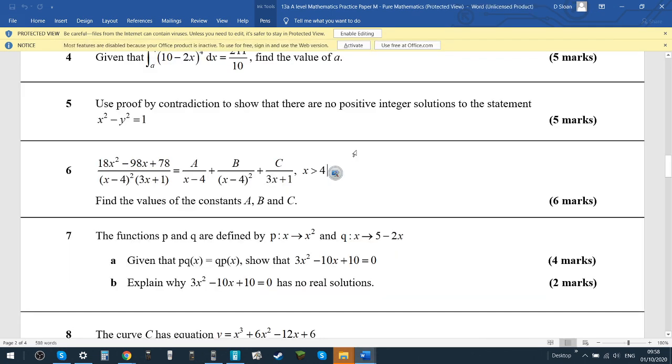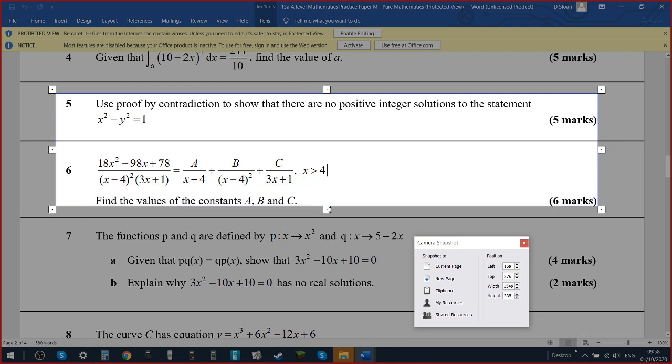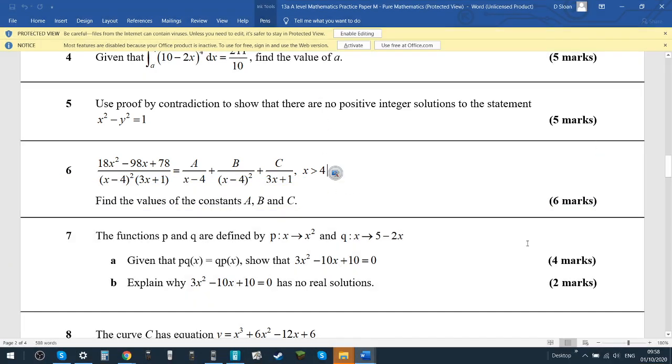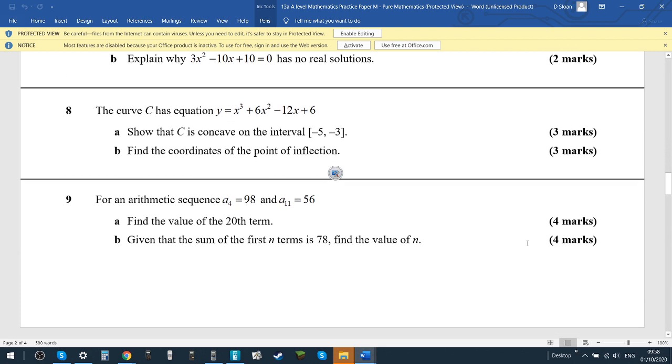Okay. This one. Question 6. I think I could do this one. Should we move on to question 7? Yeah. What is 7? I think I can probably do this one as well. Should we move on to question 8? Yeah.